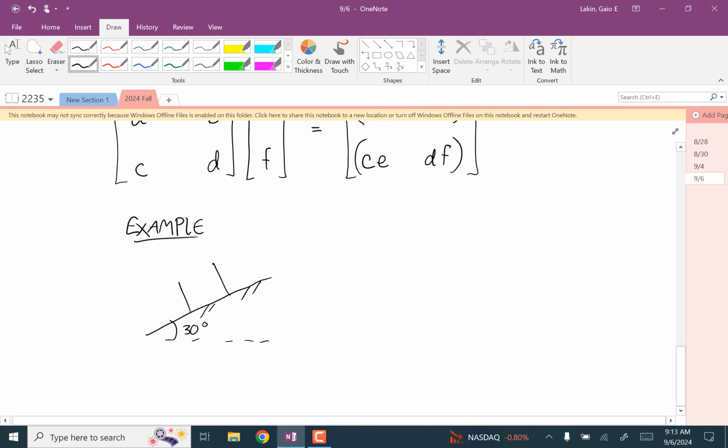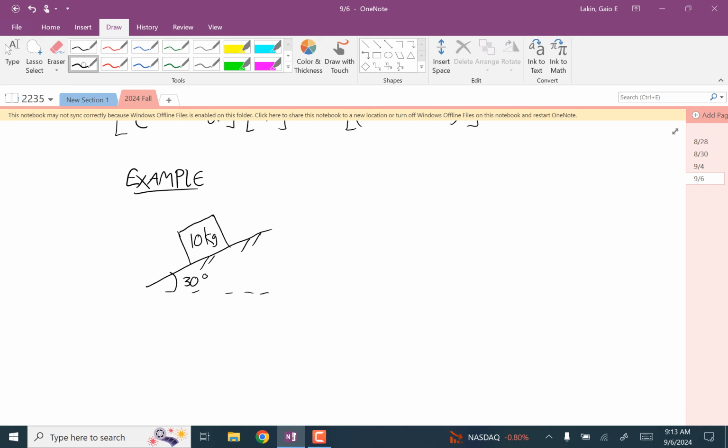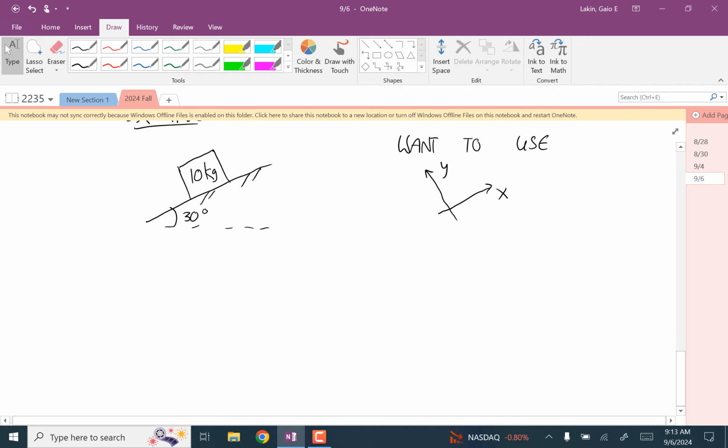And let's say that you have this block that's 10 kilograms. And let's say that you want to use a coordinate system that's oriented with the ramp. Okay. I guess for now I'll make this frictionless.